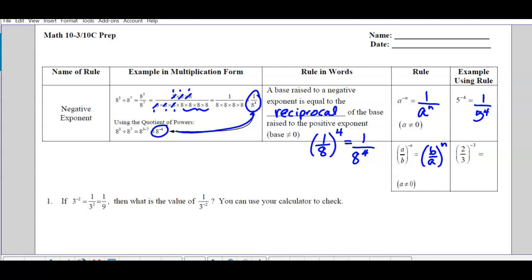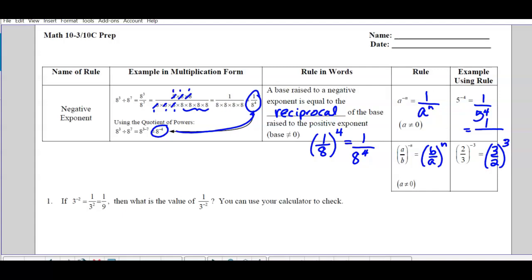Okay, so this one here, 2/3 to the negative 3, that becomes 3 over 2 to the positive 3. Okay? And then you can evaluate these. Okay, so that's changing it to positive. Then you can evaluate. So let's do that. 1 over 5 to the 4th.